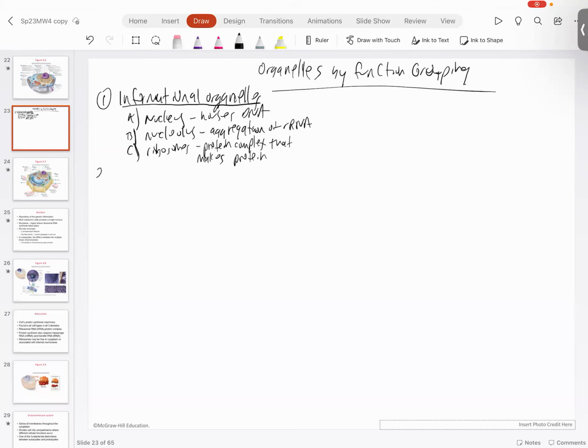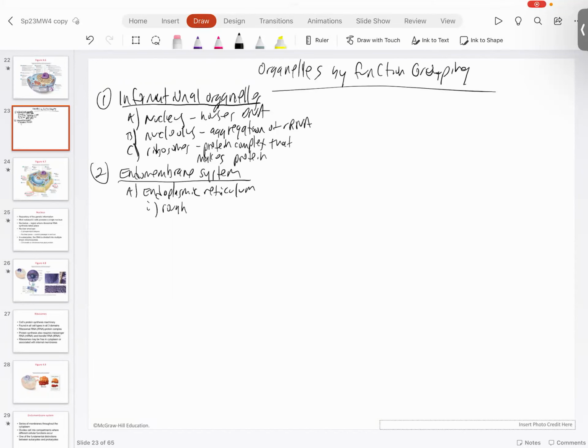Then we're going to get to the next one, which is the endomembrane system. Now, the endomembrane system has a series of organelles in it, and there's a particular process that ties a lot of them together. I'm going to add a couple of things in there. We're going to start off the endomembrane system with your endoplasmic reticulum. There's 2 different versions of the endoplasmic reticulum.